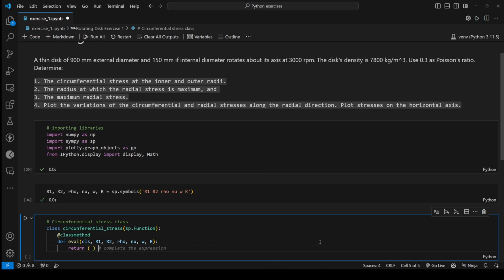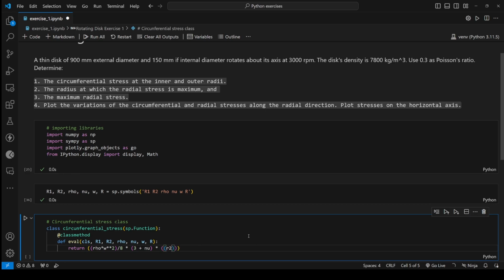I'm going to use the equations I have in the notebook, and this is going to be something like this. It's going to be density times angular velocity squared, divided by 8. Then I'm going to multiply this by 3 plus nu, and then by these terms that were repeated here.